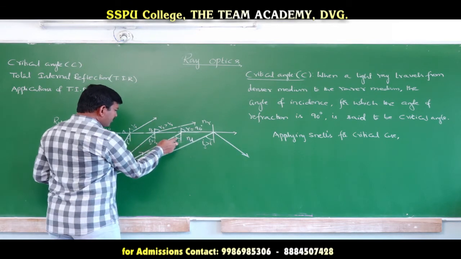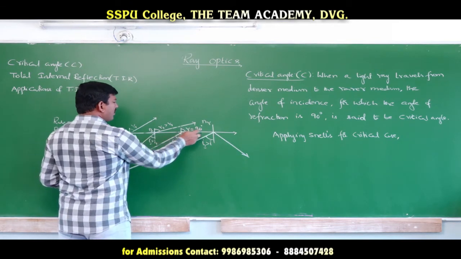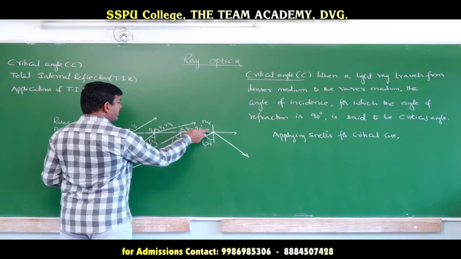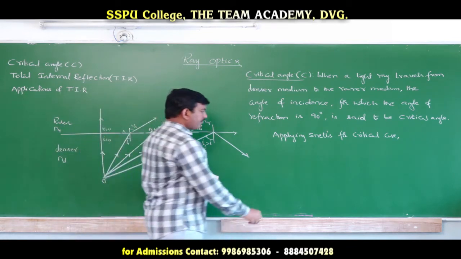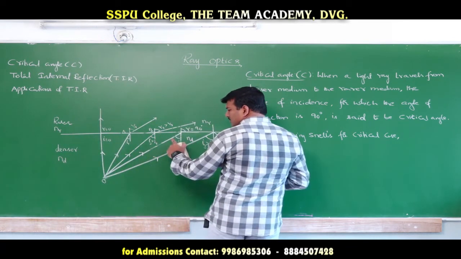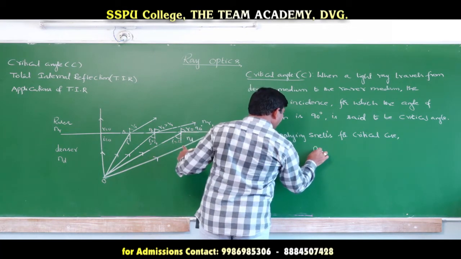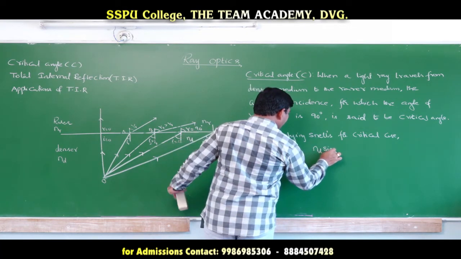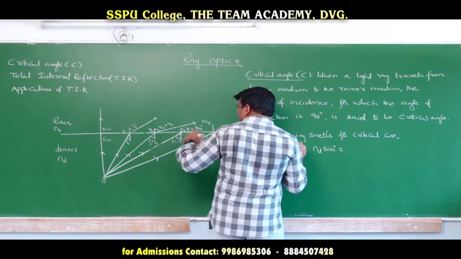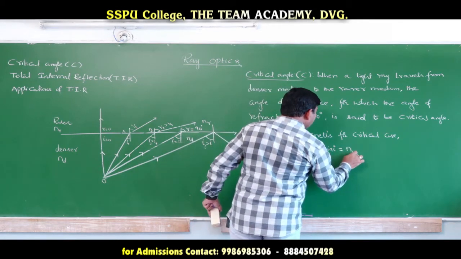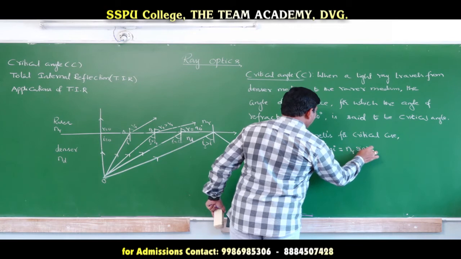So, Nd into sin I is equal to Nr into sin R. Yes or no? This refractive index into this sin angle is equal to this refractive index into this sin angle.